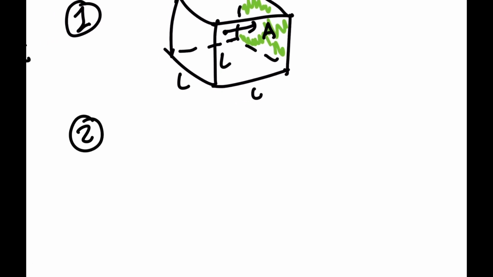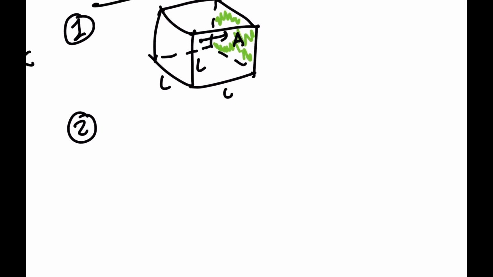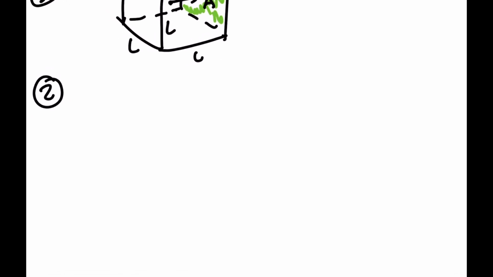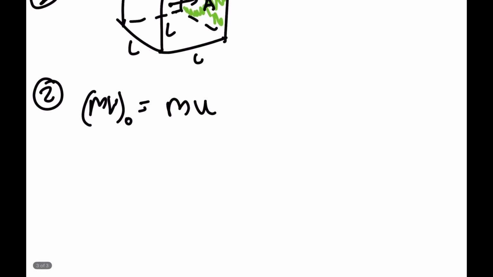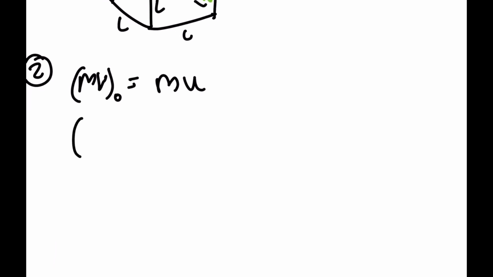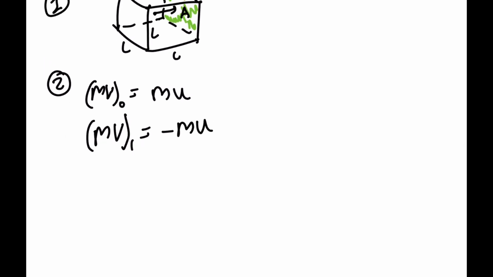Let's go on to step 2. So now, let's try to find the change in momentum of a ball, or the particle, when it hits the wall. So we'll have the initial momentum, mv initial, is equal to mu, where u can be the velocity of the particle, and the final momentum, mv final, can be minus mu, assuming it's an elastic collision.